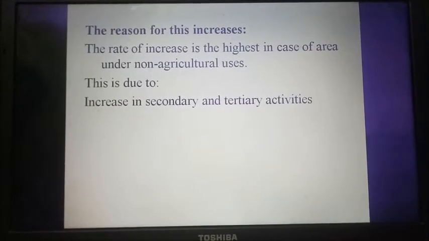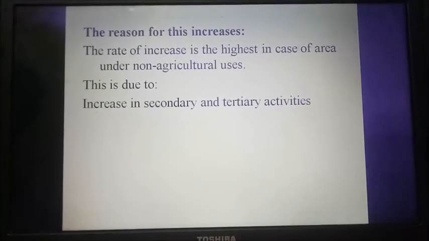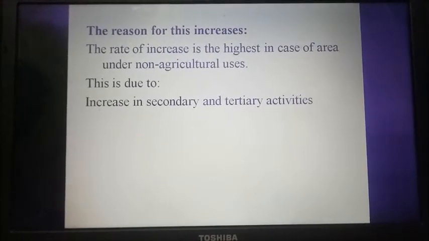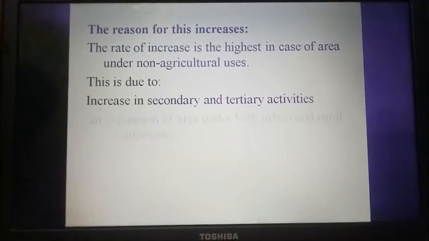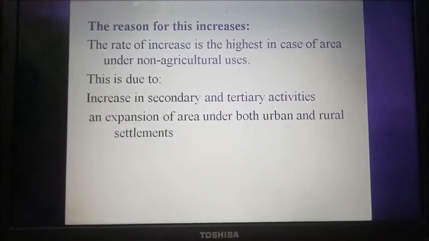The change in the three areas of land use is because of the increase in secondary and tertiary activities, and expansion of area under both rural and urban settlements.